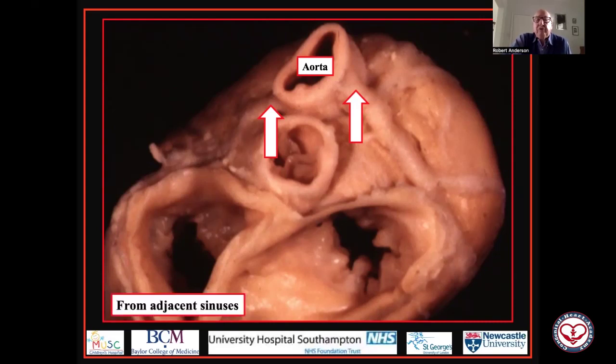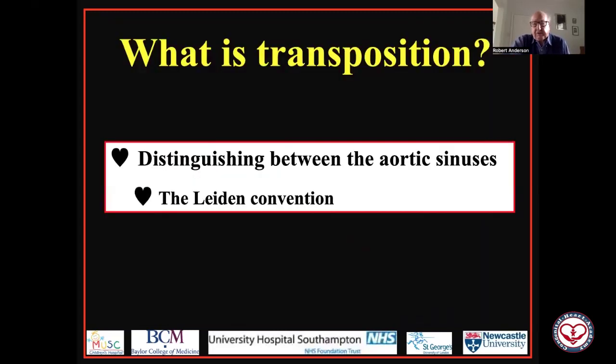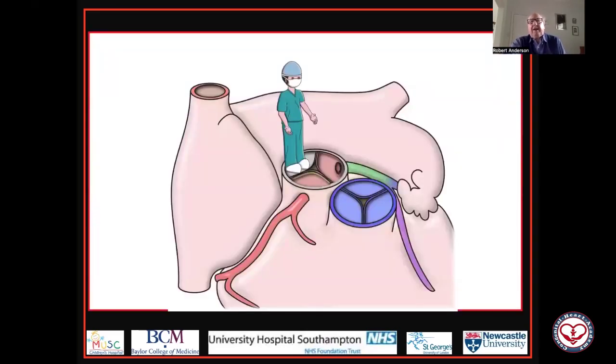So how do we distinguish between these adjacent sinuses of the aortic root? And we do so using the so-called Leiden convention. And let me illustrate to you the Leiden convention, first of all, in the normal heart.